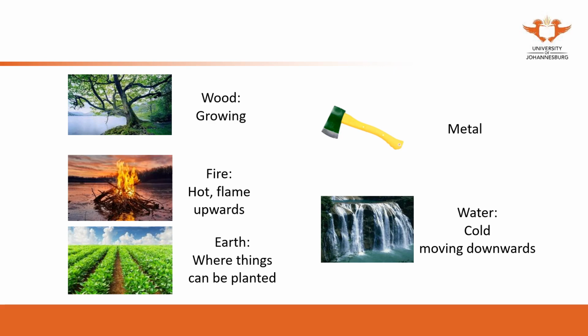In the 5 elements theories, we put everything, all systems in the world, into these 5 categories. We study the relationship among these 5 categories, 5 groups, and then we understand the relationship between different objects.